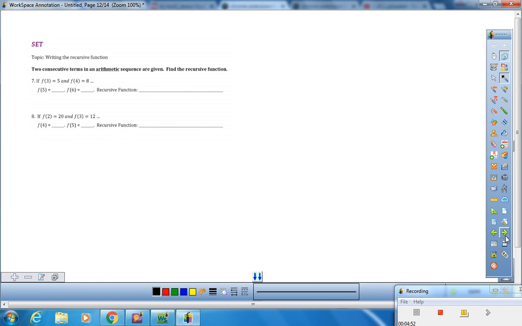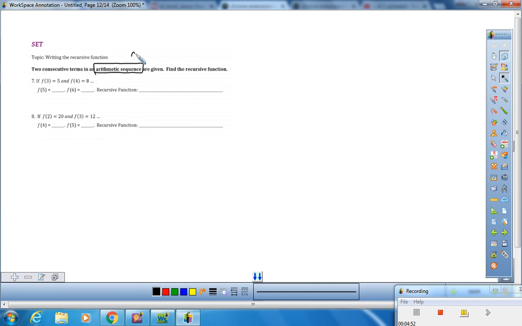Two consecutive terms in an arithmetic sequence are given. Find the recursive formula. Okay, so the recursive formula is how do you get from the first one to the second one? And this is an arithmetic sequence. All right, so f of 3 was 5, f of 4 is 8.